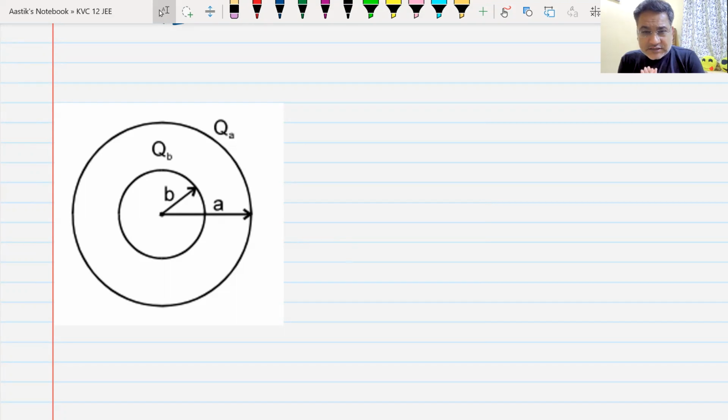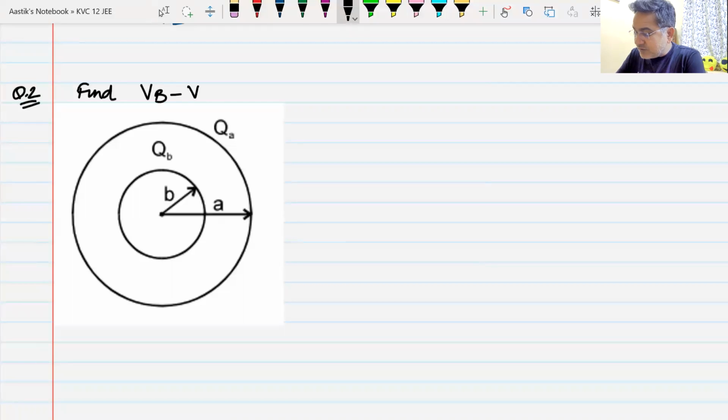Q1 and Q2, or QB and QA, are the charges, and B and A are the radii of the two spheres. Find the potential difference between B and A, between shell B and shell A.